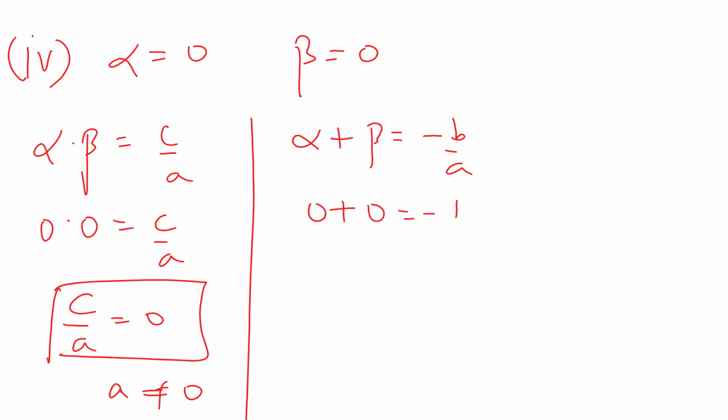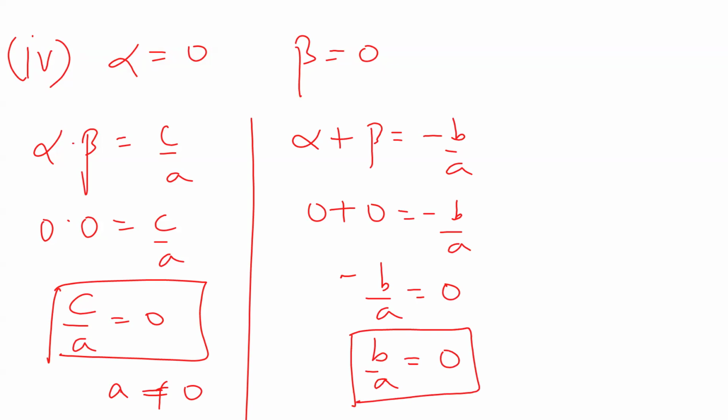Minus B by A is equal to 0. So B upon A is also equal to 0. Okay, this is the other condition. And here also obviously B is not equal to 0. So that was question number 4.